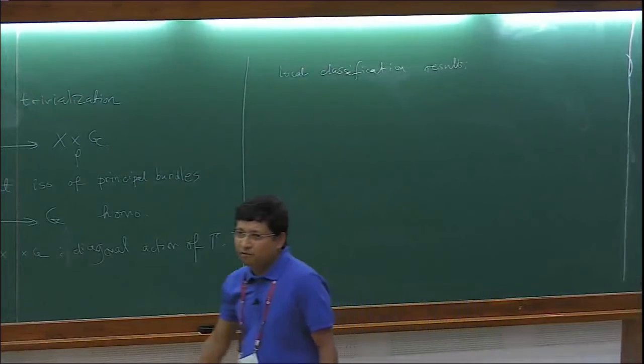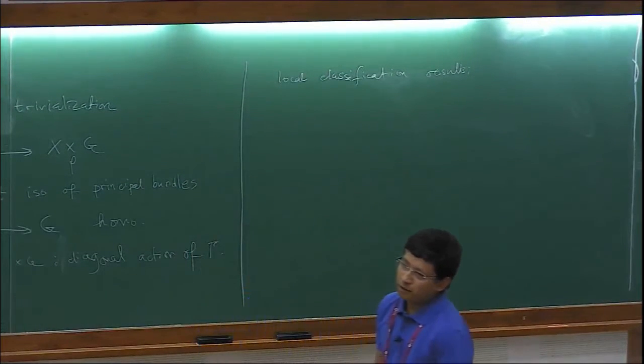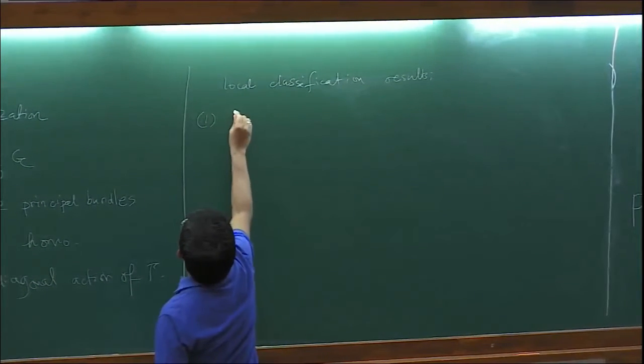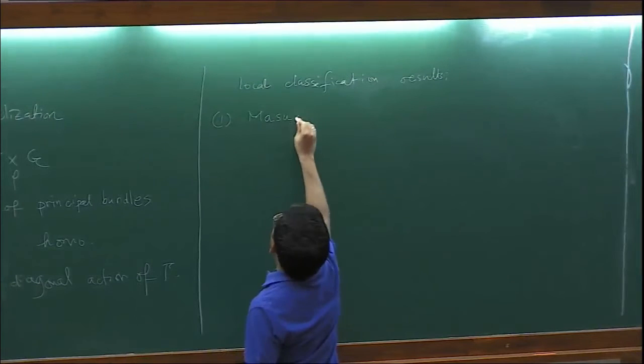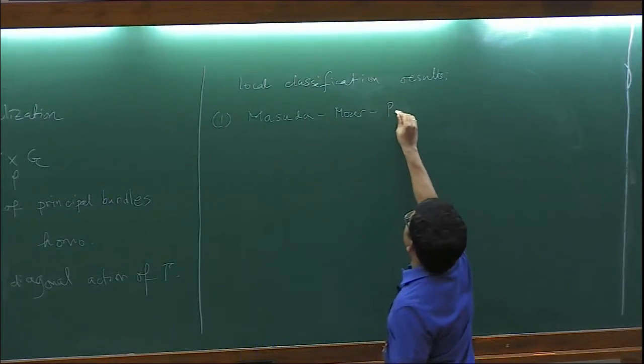And there, you see, they're very weak, like very special kinds of G and gamma. So one result was by Masuda, Mosher, and Petri.